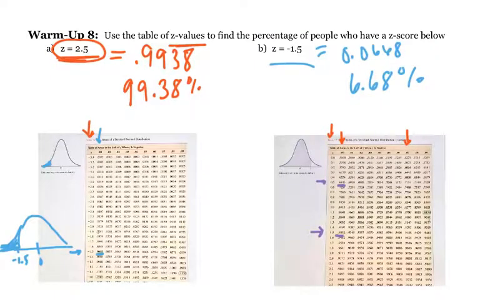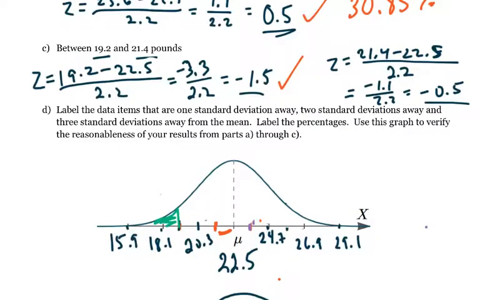So I look back and I look at negative 1.5 and we have that 0.0668. So this area is 0.0668. Then we're going to look at the area under the curve that's from the negative 0.5 z-score. So the area of the red part is 0.3085 and the area of the green is 0.0668.